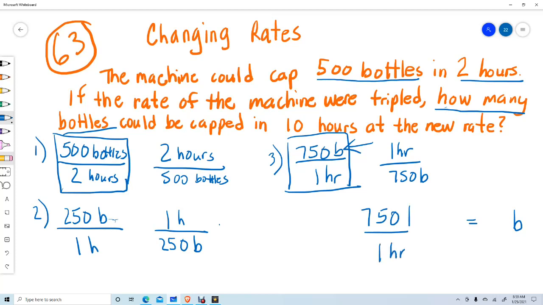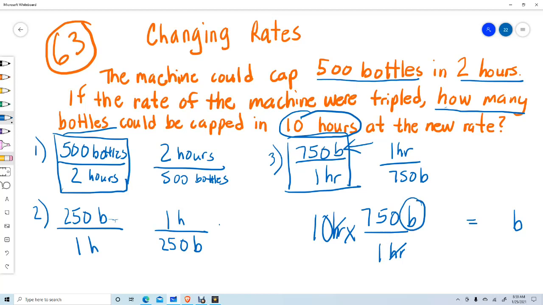Let's write that down. Let's write in our units. Don't forget to write those in. And we are multiplying it by the information given, which is 10 hours. This looks very familiar. We've done this so many times. Cancel hours. We're left with bottles.